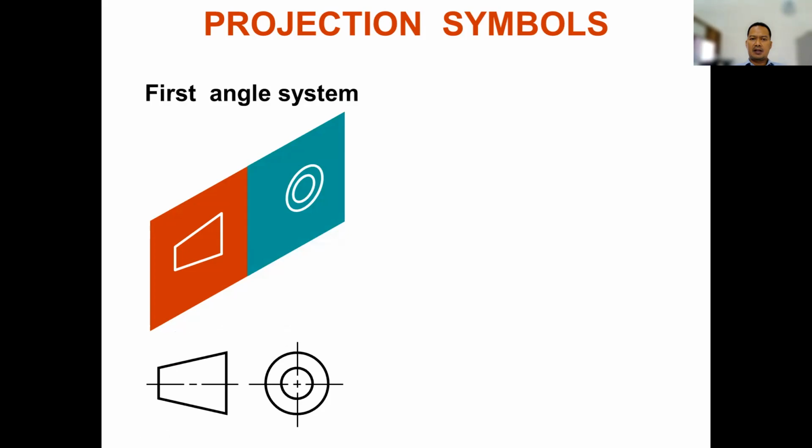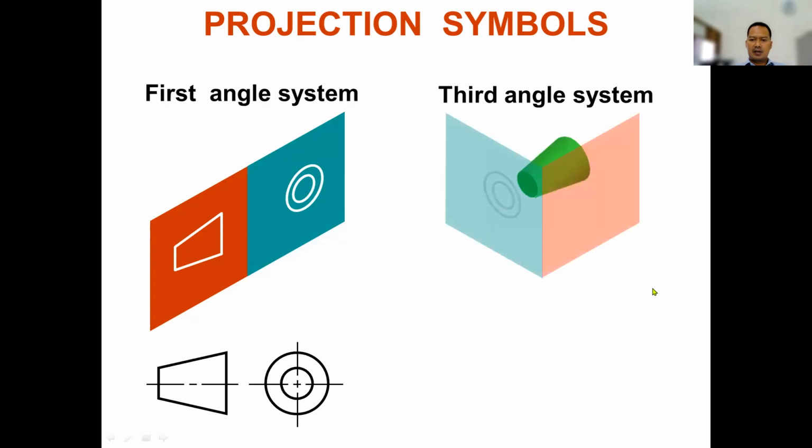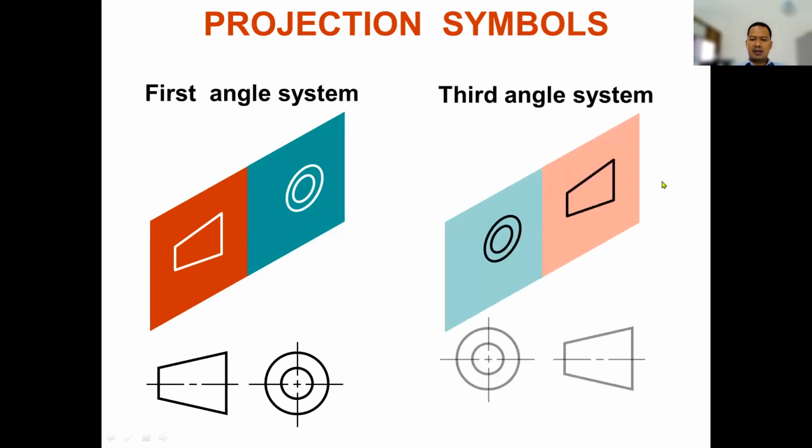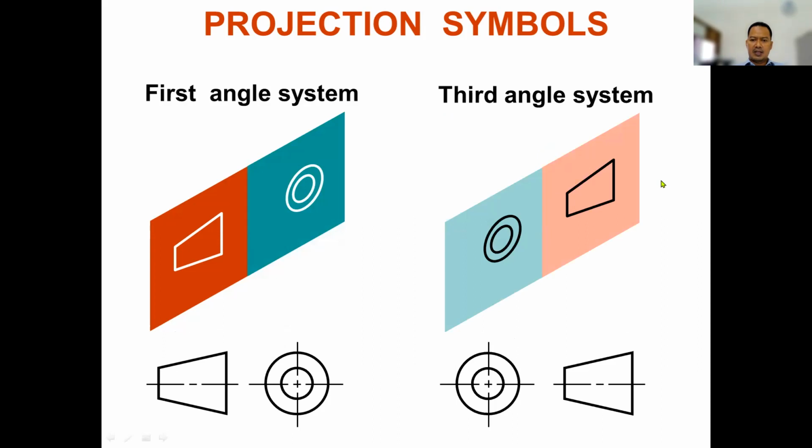This is the first angle system, also from the International Organization for Standardization. And for the third angle system, we put the object here and make a projection, and then we get this one. So this is the symbol of the projection system. You have to remember this because it is important when you make a technical drawing.